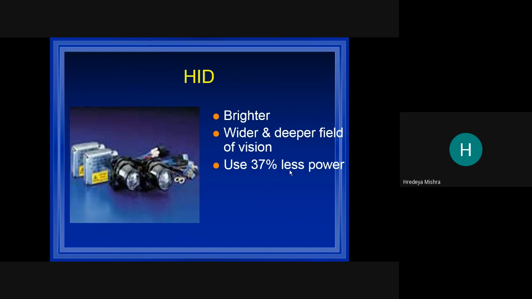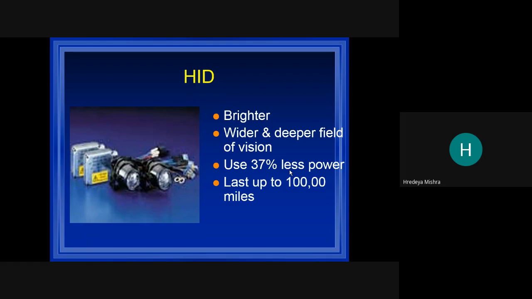Meaning, for all headlights, tail lights, all these lights, they consume power from the battery. So the HID lamp or bulb uses 37% less power.